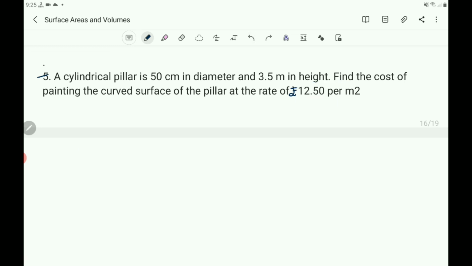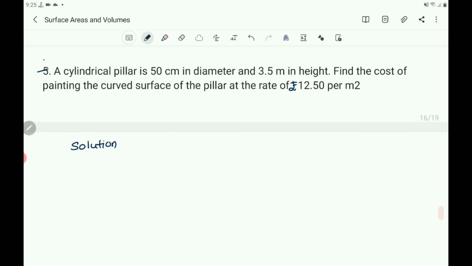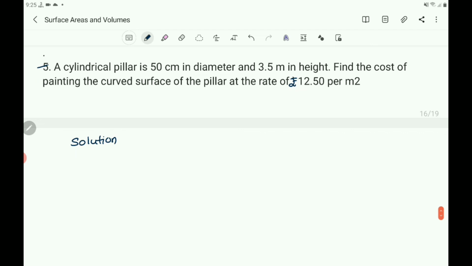Now you take the solution. Diameter is given, then R equals what? D by 2, that is 50 by 2 equals 25 centimeter.